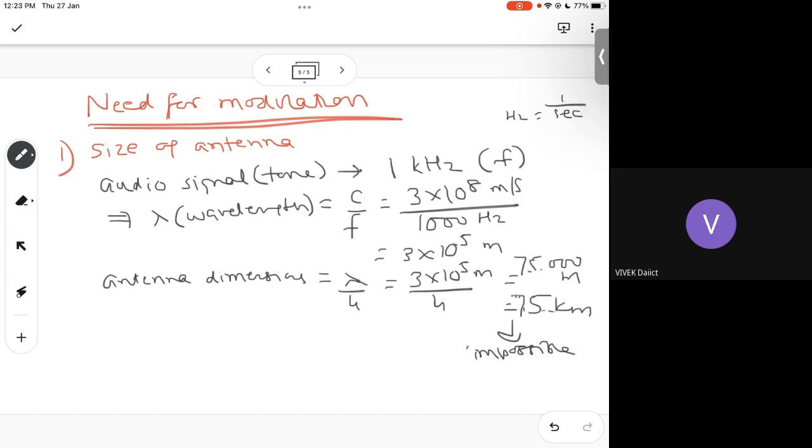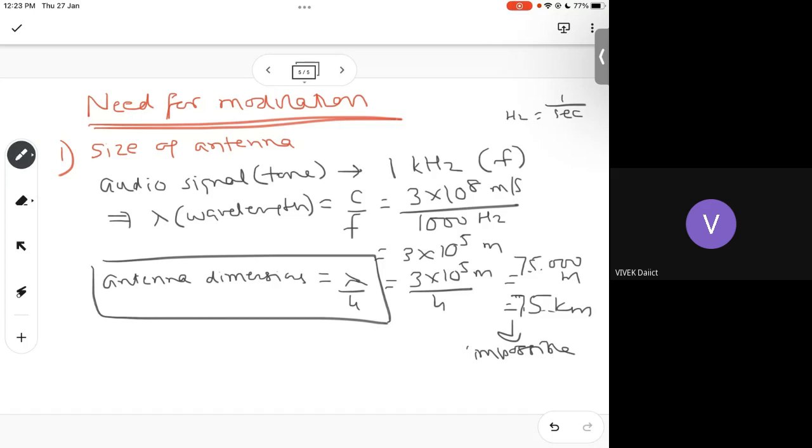So these are typically the antenna dimensions we normally use, lambda by 4, like your FM radio. FM radios, 98.3 Radio Mirchi, 88 to 108 megahertz.